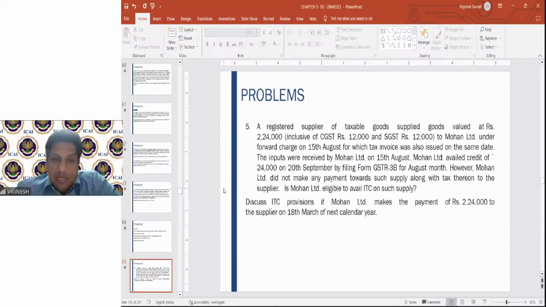How much he can claim the credit, when he can claim the credit, and when he has to reverse the credit. These are all the various top concepts which are being handled in this problem.